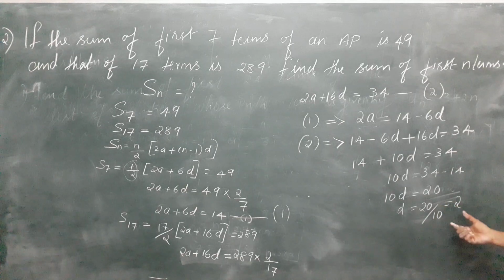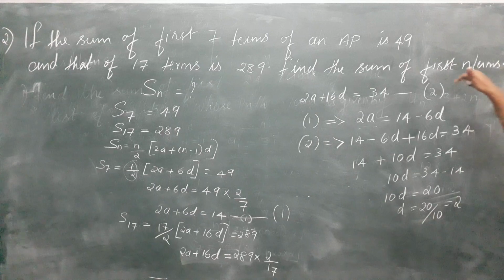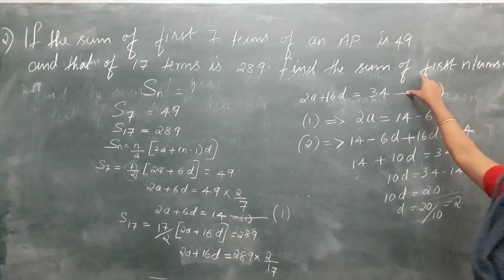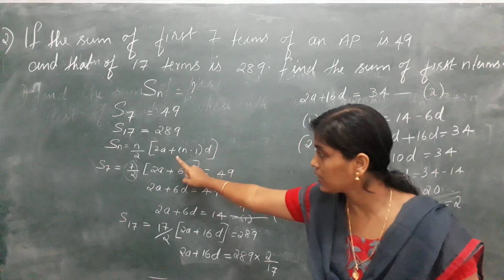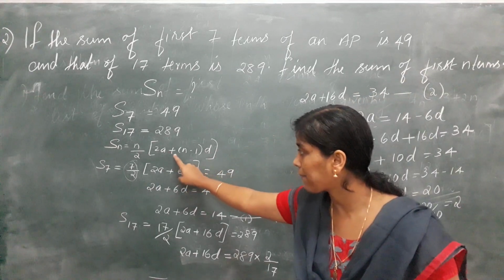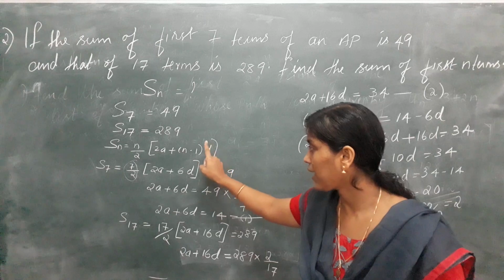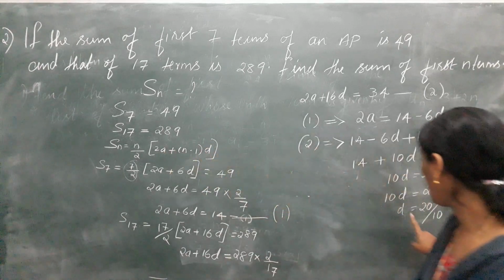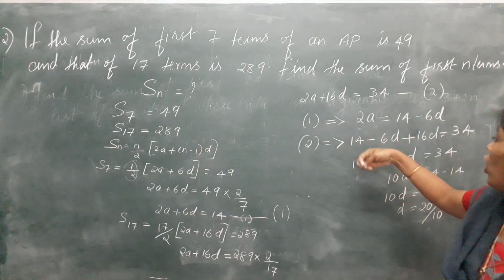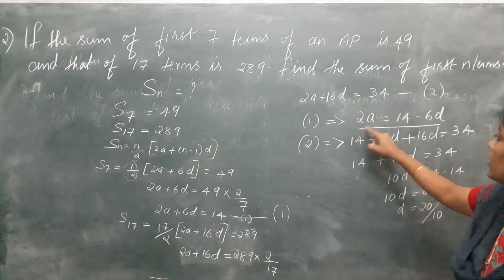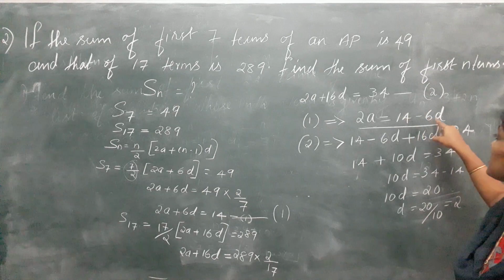So we got d. Now I told you that you are asked to find the sum of first n terms, which is given by the formula n by 2 into 2a plus n minus 1 into d. So we have to get a and d. We got d. Now you have to get a. To get a, we have already taken 2a is equal to 14 minus 6d.